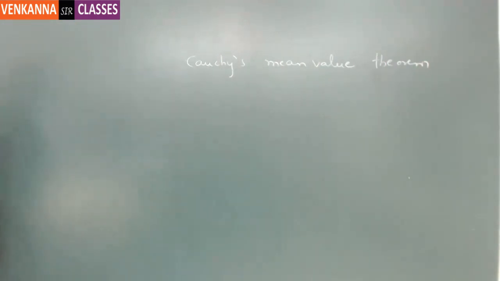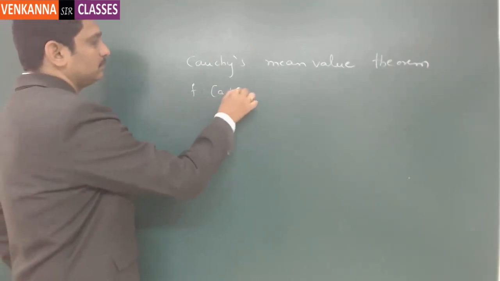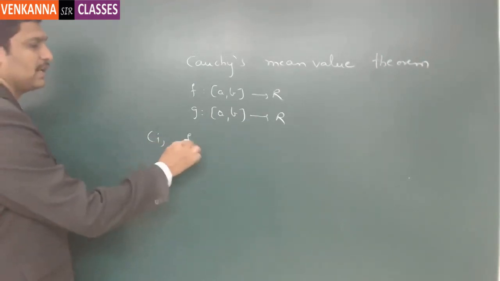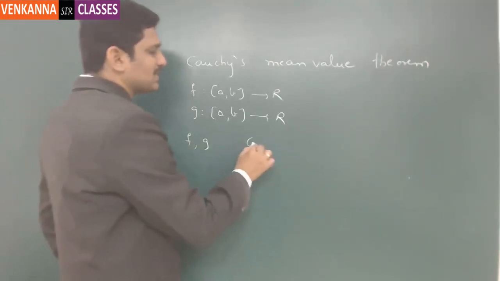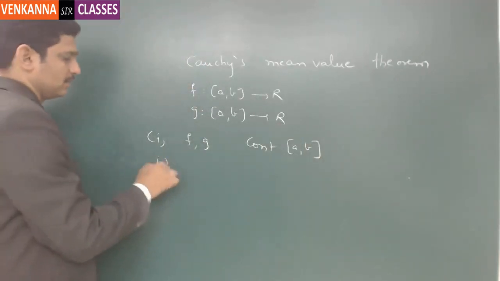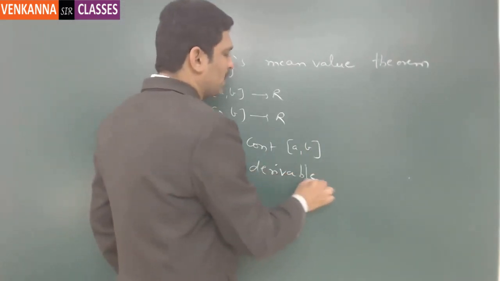So let us discuss about Cauchy's mean value theorem. Suppose you have considered two functions on the same interval, f from closed AB to R and g from closed AB to R, with the property that f comma g both are continuous on closed interval AB and f comma g both are derivable on open interval AB.